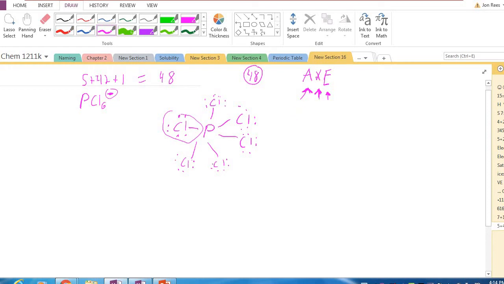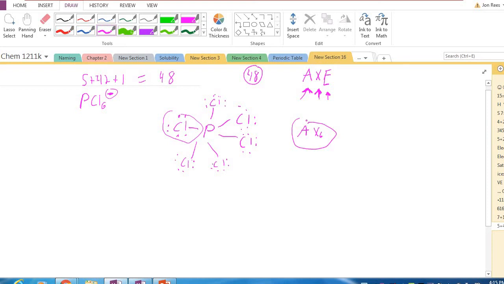Let's assign an AXE nomenclature to this. There is A, that is our phosphorus, and we have 1, 2, 3, 4, 5, 6. So AX6, and off of this central atom there are no lone pairs. That's just E0, and we'll just leave that at AX6.